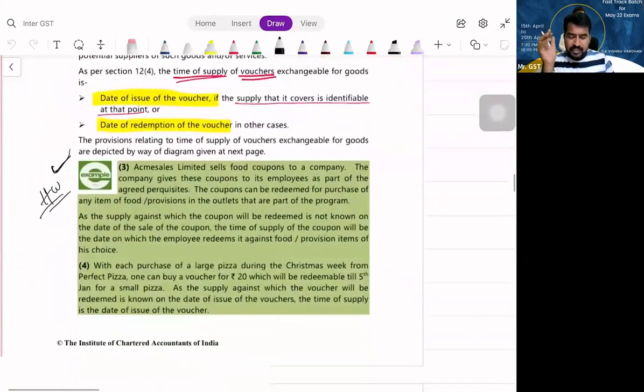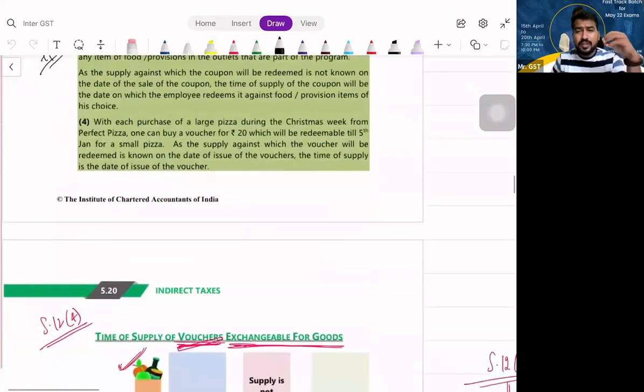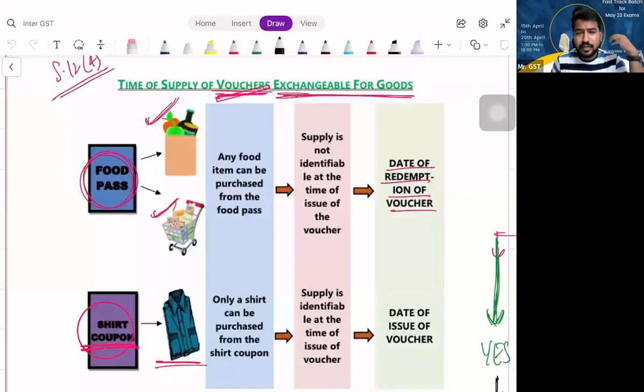Simple here. Generally we come across something called coupons in our day-to-day life, especially corporate people. They get some coupons or vouchers from the employer, or while shopping. You do shopping worth 10,000, then you get a voucher worth 2,000 just for 499.